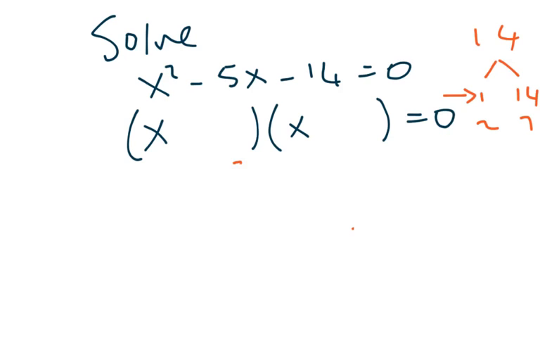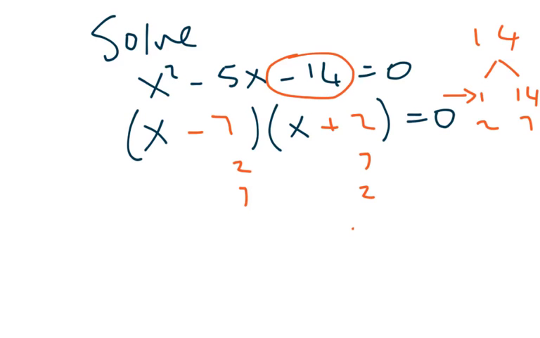Okay, so now our question is, does the 2 go here and the 7 go there? Or does the 7 go here and the 2 go here? Either one of them will give me minus 14 because I have to make one of them a minus. But how am I going to make a minus 5? So I know that minus 7 plus 2 will work because the minus 7 multiplied by the plus 2 is going to give me minus 14.